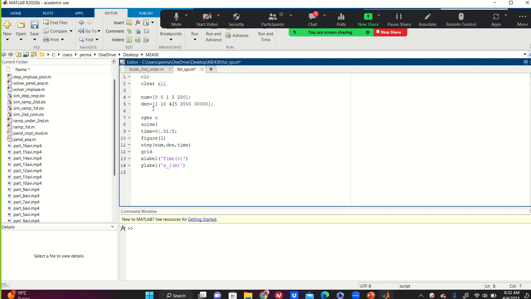Let me say it's roots of X. Solve that for me. Solve x4 plus 10 x cube, the denominator, that's right, plus 425 x squared plus 2000 x plus 30,000.